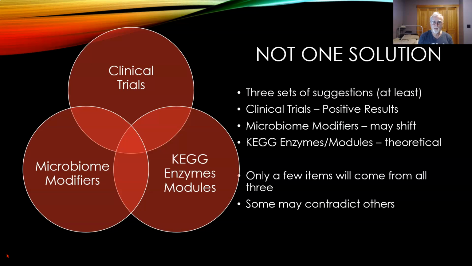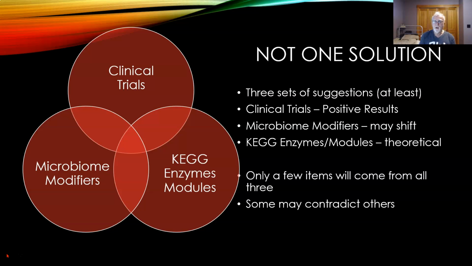We use the KEGG Encyclopedia of Genes and Genomes, their enzymes data, the modules, to identify where the particular unique mixture of bacteria you have is not producing enough or is producing too much of a particular enzyme or other metabolites.